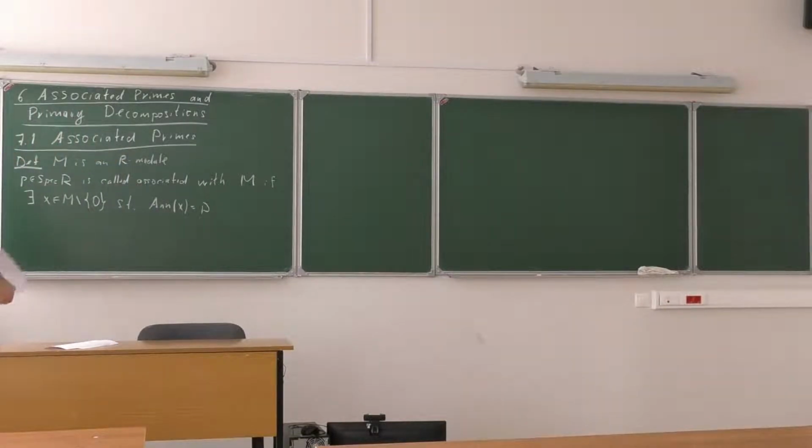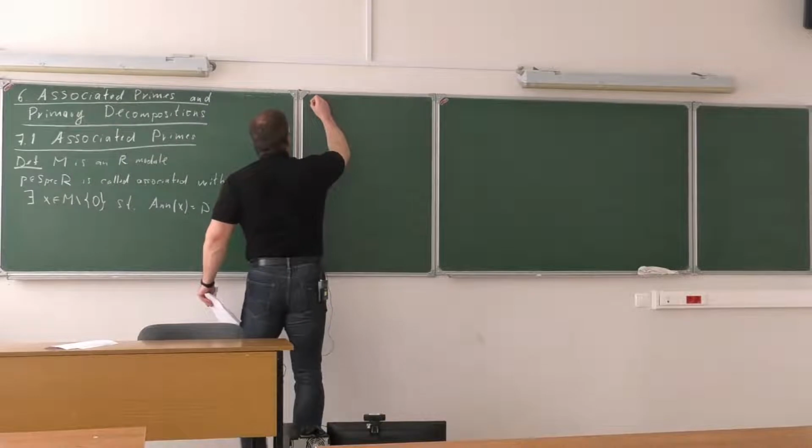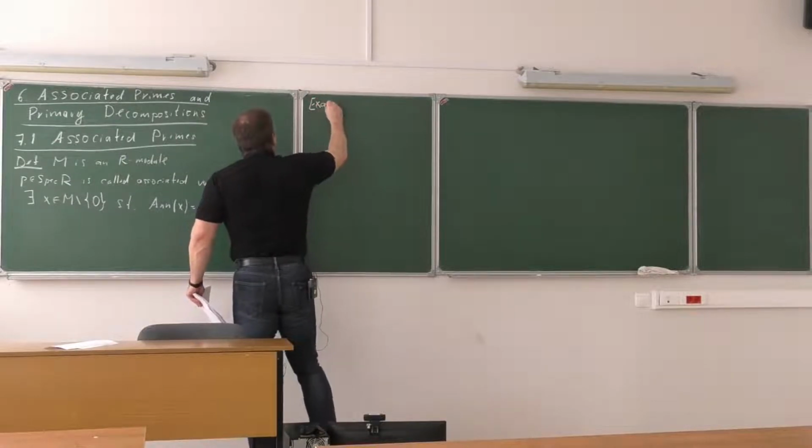So this is the definition. It is one of the basic definitions in commutative algebra, but you might try to think about this as a generalization of eigenvalues. For example, we can consider the following example.